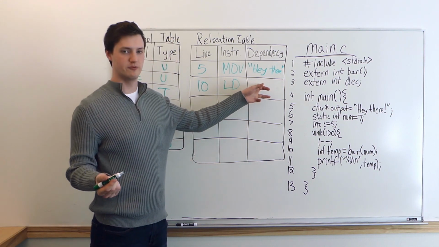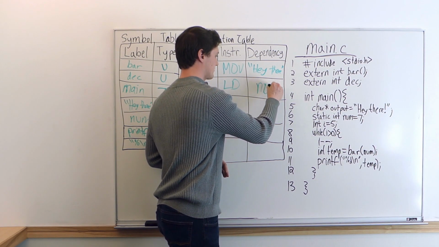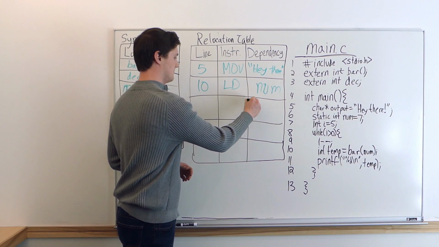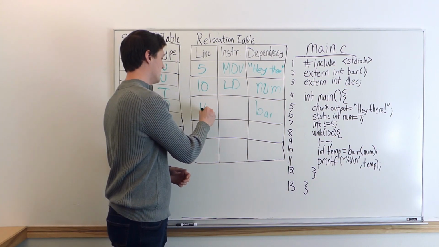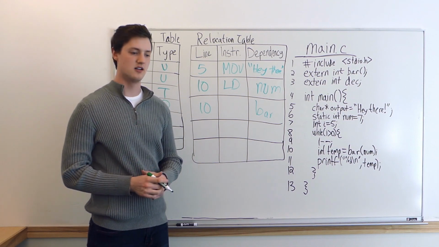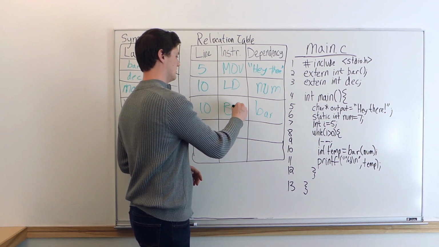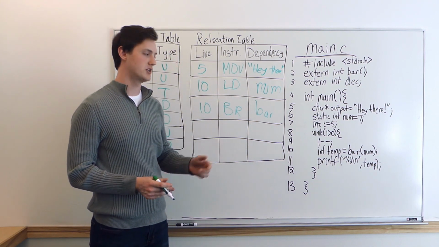And then the dependency we would say is num. And now we have our function bar, also on line 10. Since this is a function call, our instruction type would be a branch. So just for abbreviation, LD for load, BR for branch.